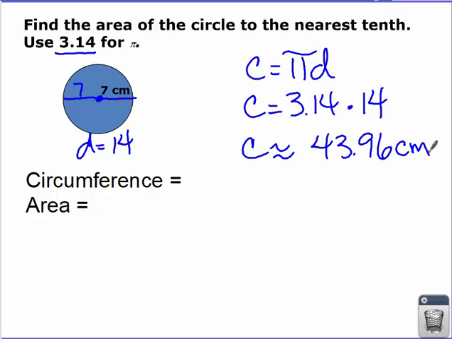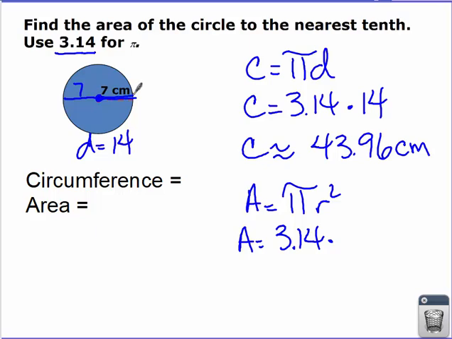Okay, so now for area, we're going to use the formula A is equal to pi r squared. Again, A equals 3.14 times, and now we go back to that radius, and we know the radius is the distance from the center to the circle, and we know that that's 7. Now what I also like to do when it says r squared, I like to actually write out what that means.